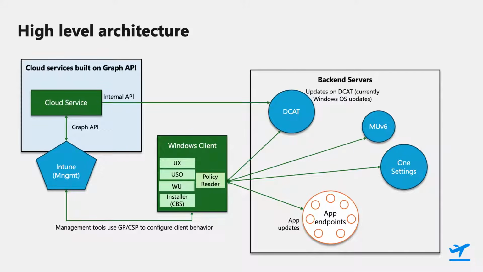Now, within the Windows client component, we have our policy reader, we have the UX, which represents your update notifications such as toasts, dialogues, as well as the settings page. We have USO, which stands for Update Stack Orchestrator, and we have Woo, Windows Update, as well as our trusted installer called CBS.